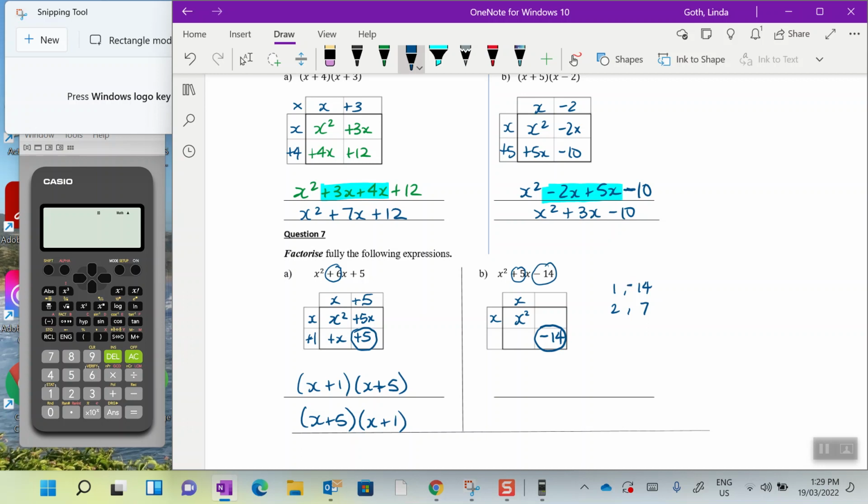So we can try 1 and minus 14, or minus 1 and 14. We can try 2 and minus 7. We can try minus 2 and 7. So which one of those four pairs, when we add them together, gives us plus 5? Hopefully you've chosen this one, which means we need a minus 2 and we need a plus 7. So our answer is x minus 2, x plus 7.